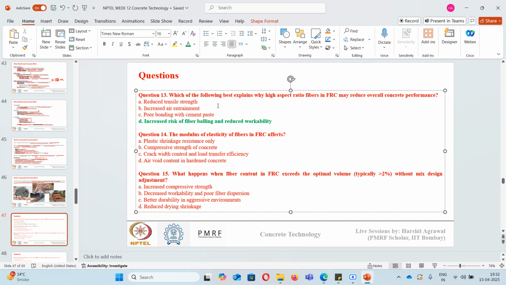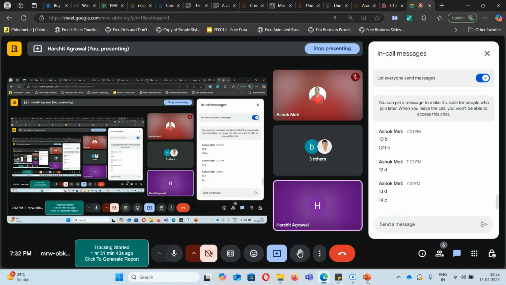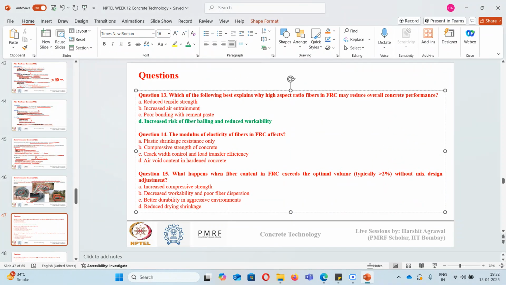So that is the problem with having high aspect ratio fiber. Second question: modulus of elasticity of fiber in FRC affects which property? Again, the correct answer is C. It is not the strength of concrete that is enhanced.